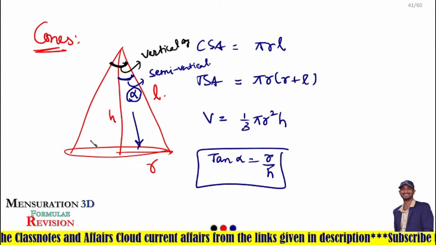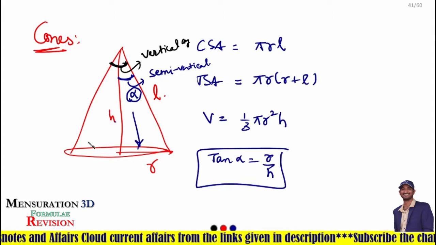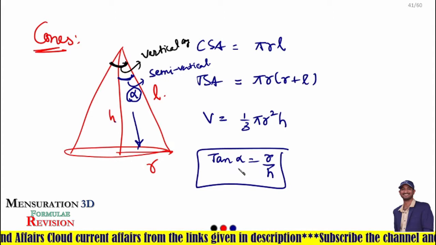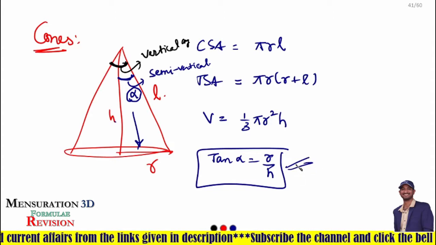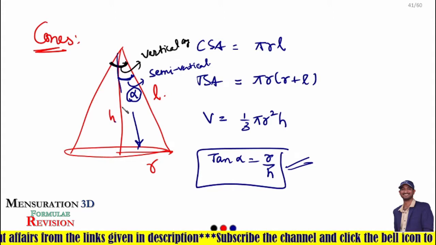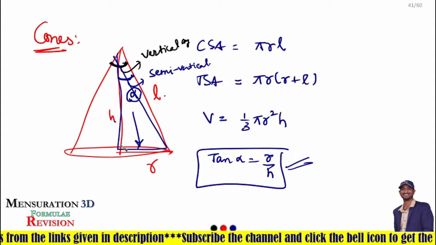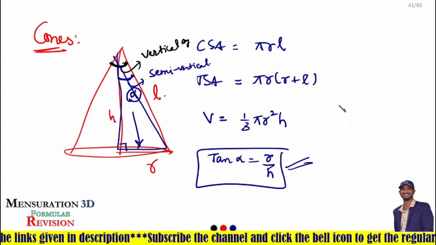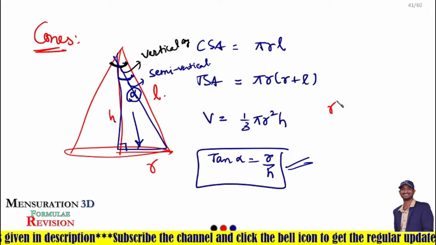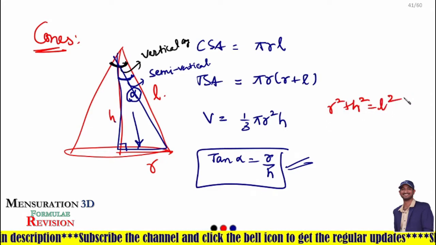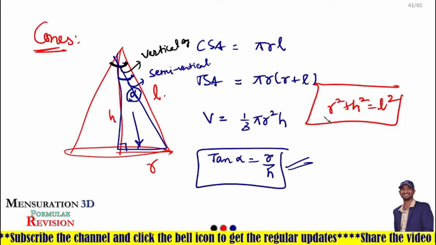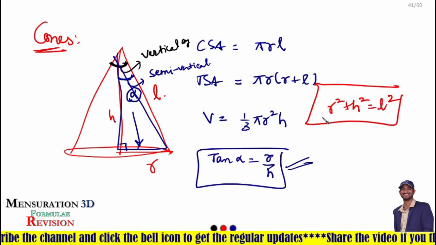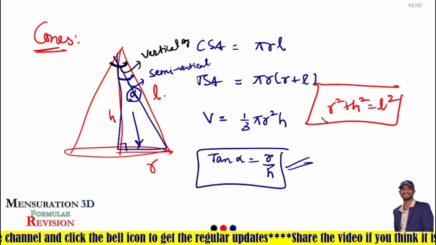So whenever radius and height are given and you have to find the vertical or semi-vertical angle, this is the formula. Since r, h, L forms a right angle triangle, r square plus h square is always equal to L square. r, h, L forms a triplet. Is it clear? Next.